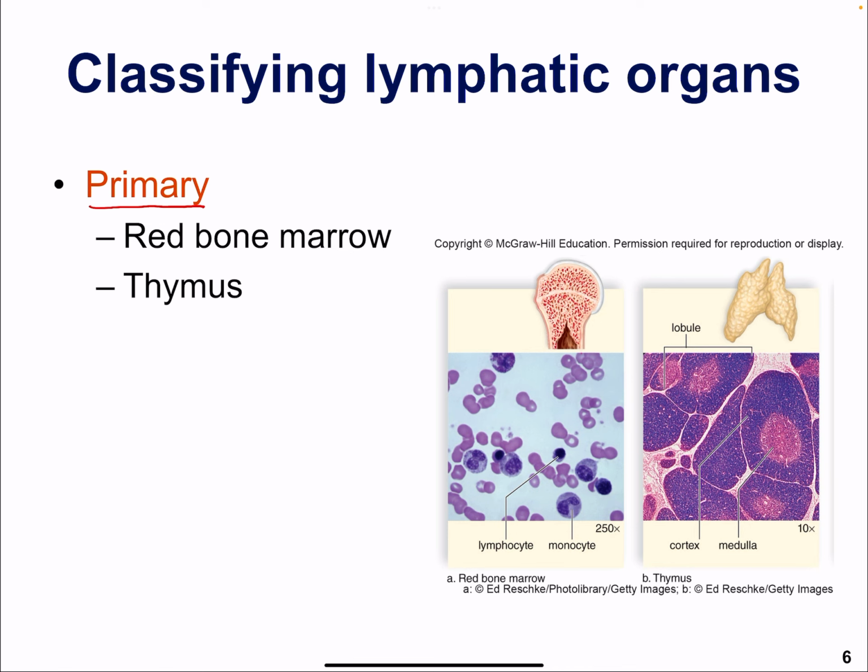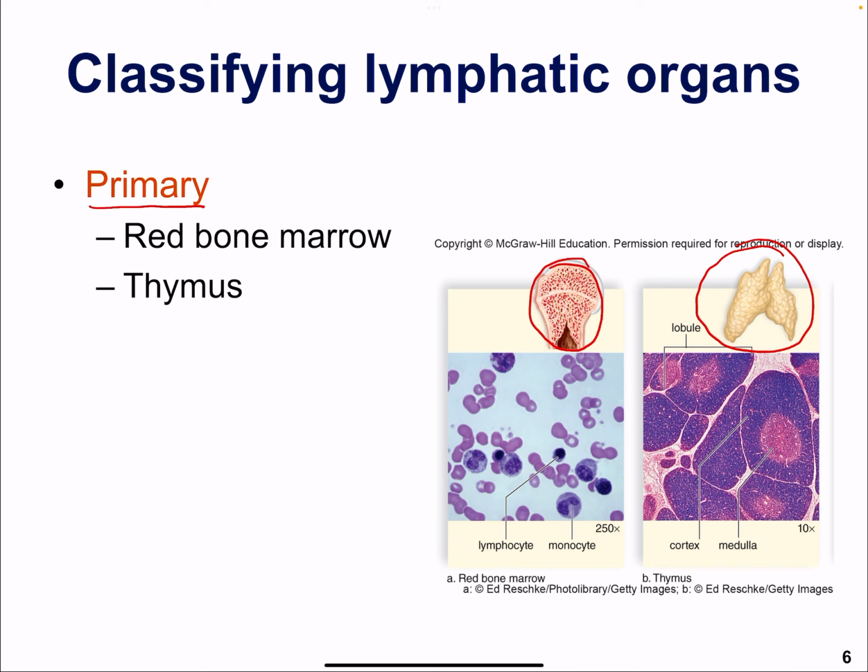The primary organs are of two kinds. We have the red bone marrow that occurs at the extremity of long bones. This is where all blood cells originate. And the second primary organ is the thymus, the organ that sits on top of the heart.